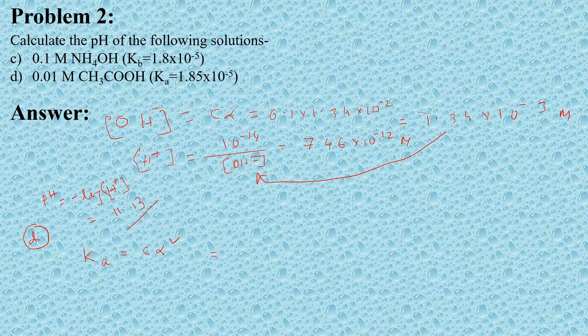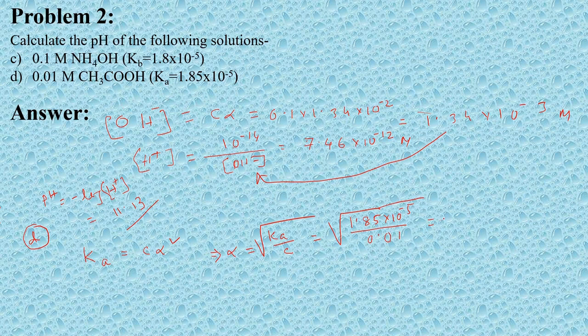So alpha is equal to root of Ka by C. Ka is 1.85 into 10 to the power minus 5, and this is 0.01.